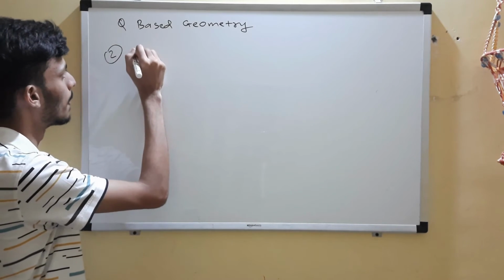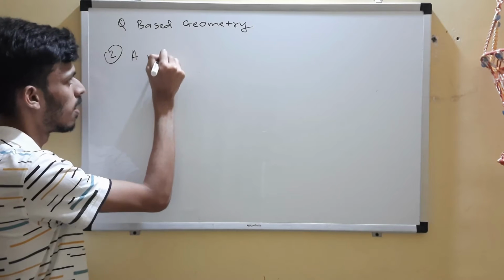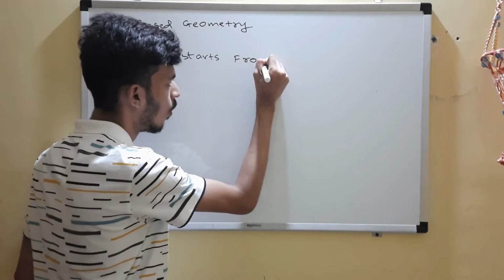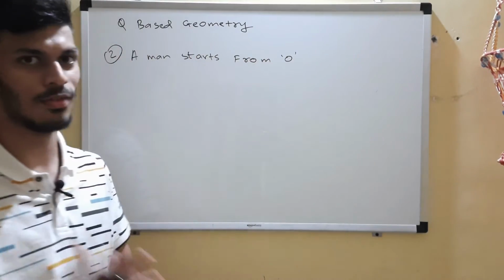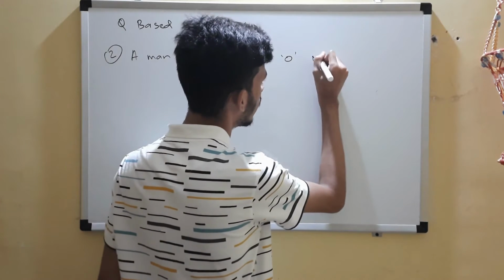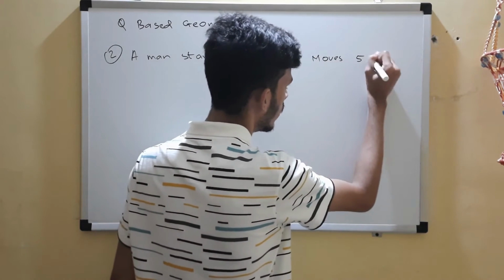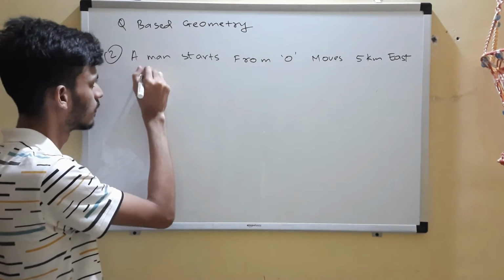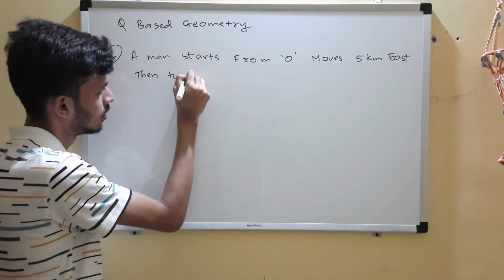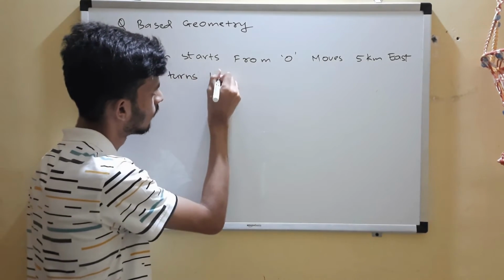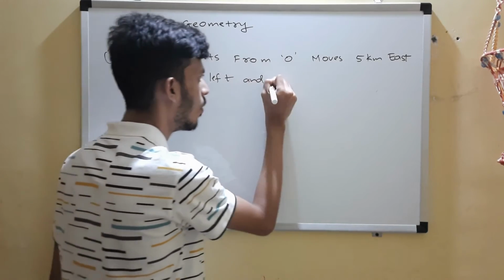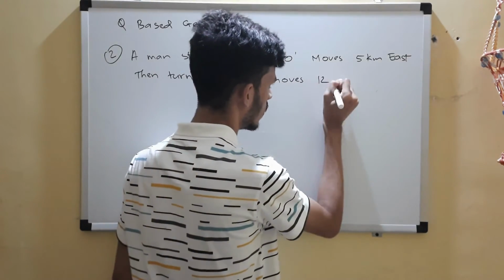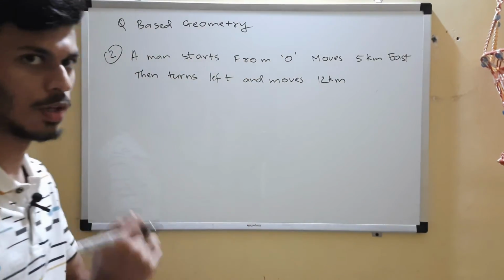Suppose a man starts from O, where O is the initial point from where he starts, and now moves 5 kilometers east, then turns left and moves 12 kilometers. So he turned left and moved 12 kilometers.